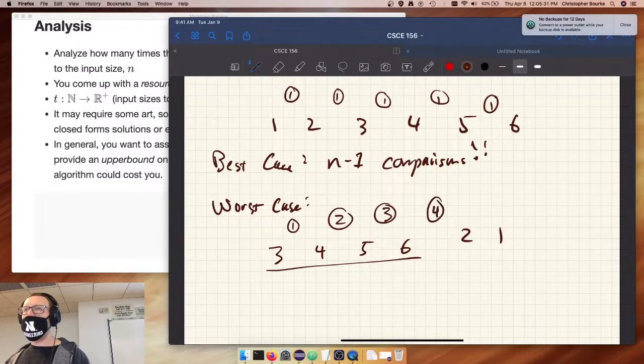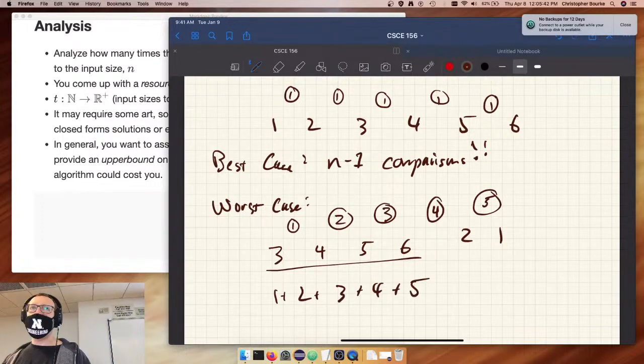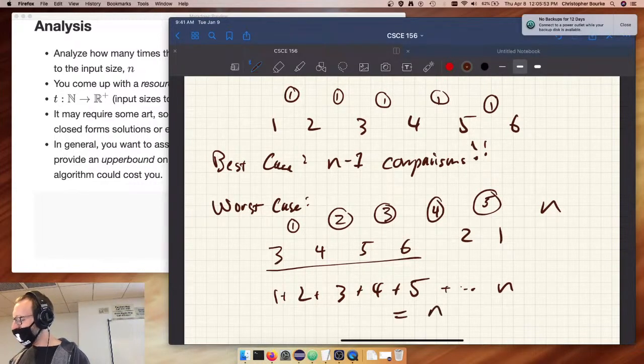How many comparisons to put 1 where it needs to be? 5. That looks familiar yet again. 1 plus 2 plus 3 plus 4 plus 5. Or in general, if there were n elements here, it would be exactly that guy's formula. That's going to be n times n minus 1 over 2.